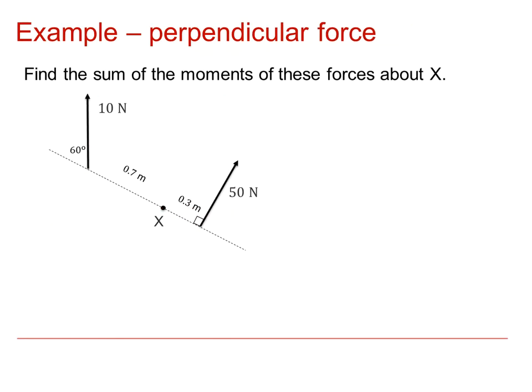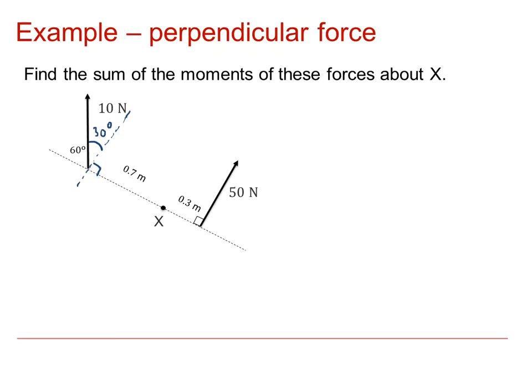As an alternative method, instead of working out the perpendicular distance as we've just done for the 10 Newton force, we can take the component of the force which is acting in a perpendicular direction. So we need to calculate this component here. Of course, if we've got 60 degrees, then here this would be 30 degrees, which is perpendicular.